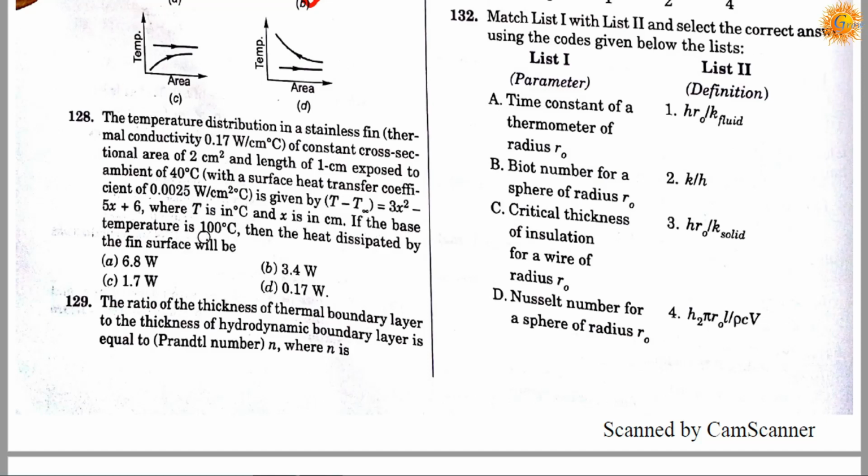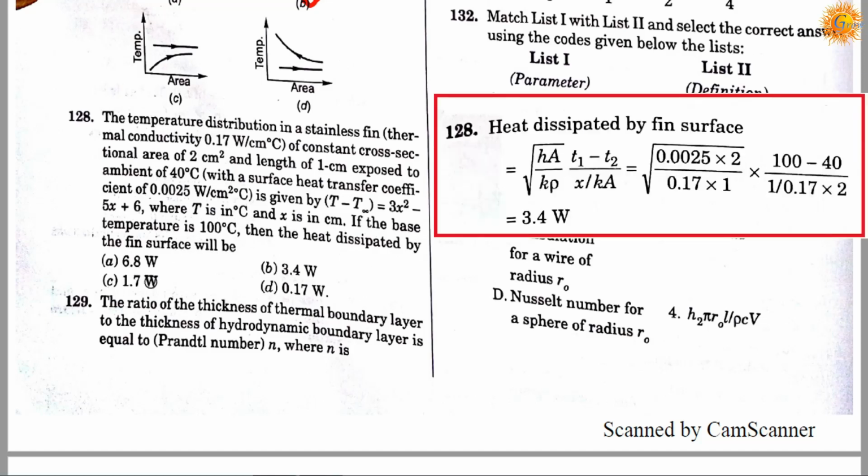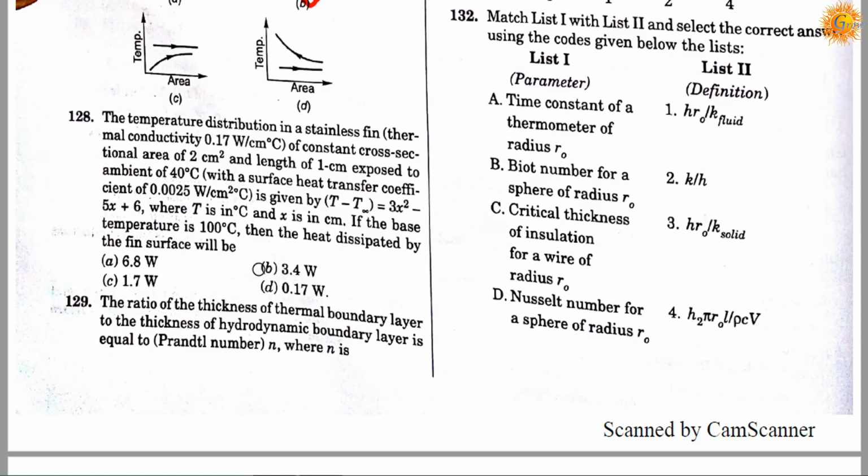If the base temperature is 100 degrees centigrade, then the heat dissipated by the fin surface will be: option A, 6.8 watt. Option B, 3.4 watt. Option C, 1.7 watt. Option D, 0.17 watt. The correct answer is B, 3.4 watt.